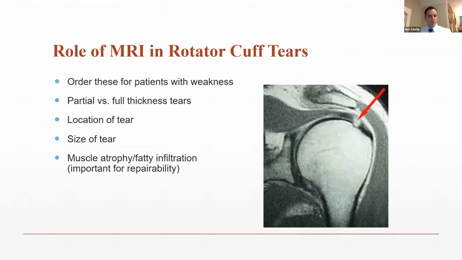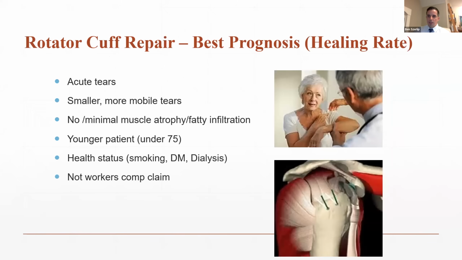Think of a really marbled ribeye or even a strip of bacon. That fat is not as durable or robust for the patient's repair rates, or for the durability or healing rates of the repair.